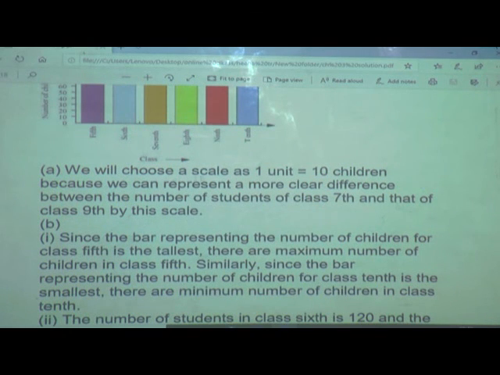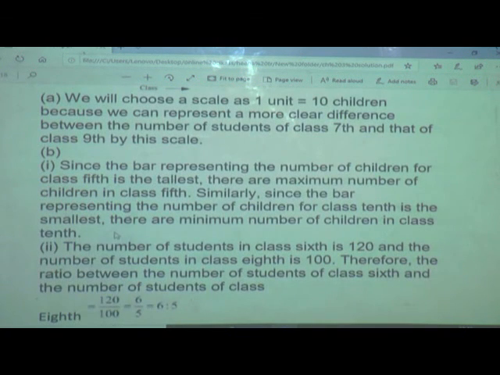We will choose a scale of 1 unit equal to 10 children because we can represent a clearer difference between the number of students of class 7 and that of class 9 by this scale. There will be some very small differences, so we are writing the scale of 10, so it will be easier to differentiate between the strength of the classes 5, 6, 7, 8, 9, 10.